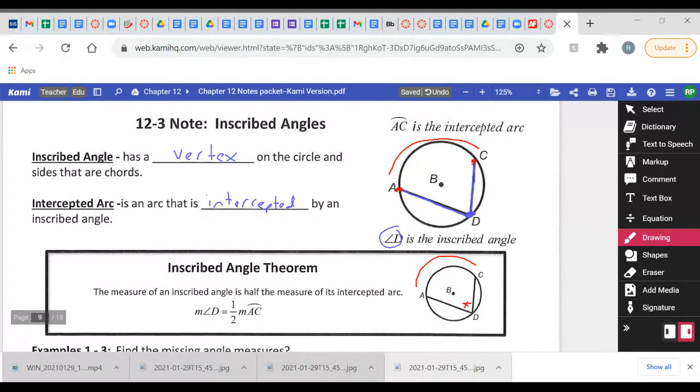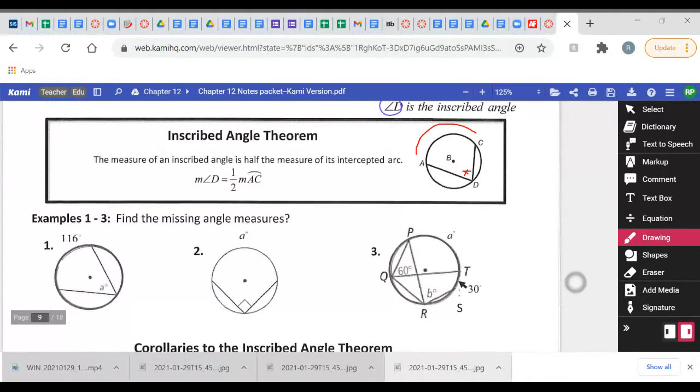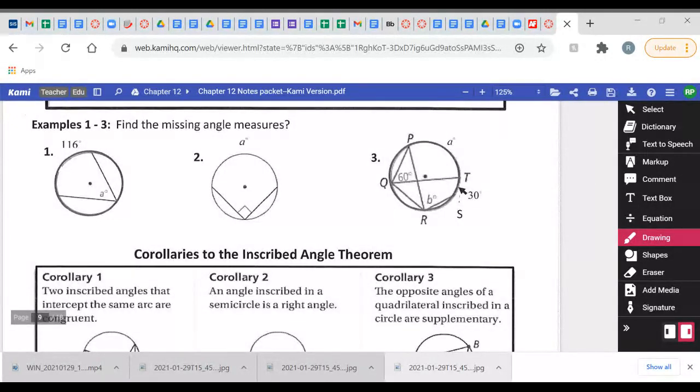Okay, we talked about central angle. Central angles have the vertex at the center of the circle, and the central angle is equal to the intercepted arc, where again, the inscribed angle is half of what the arc is. Okay, so if we're finding some of these missing measures, then we can see that if it is 116 from here to here, the intercepted arc, then we know that A is half of 116, which is equal to 58 degrees.